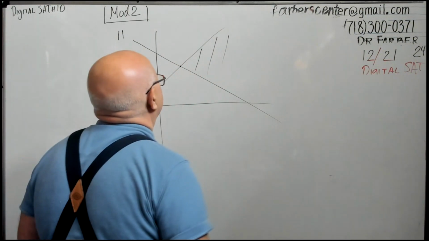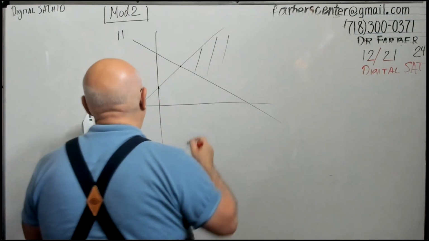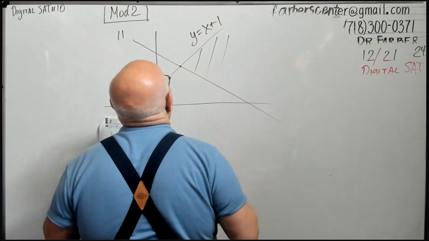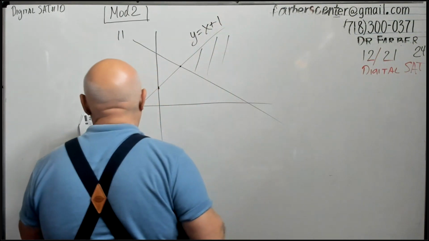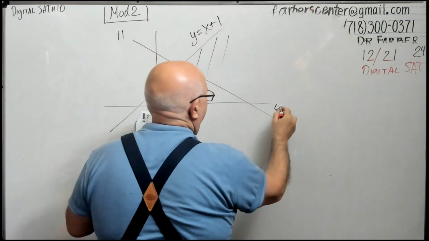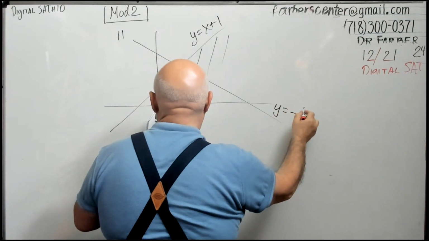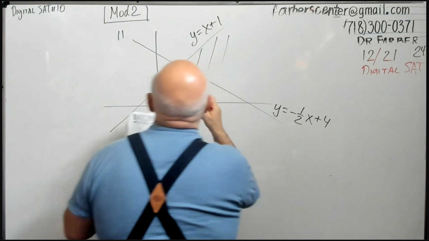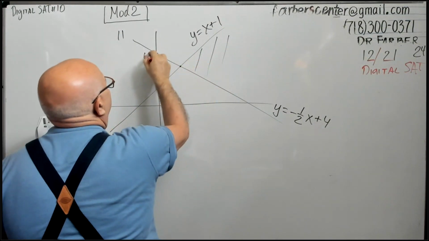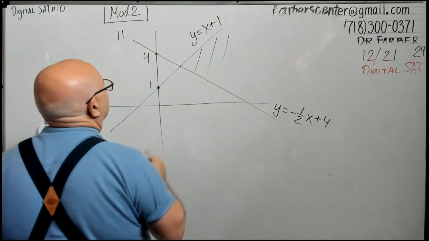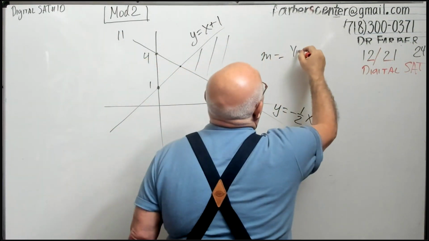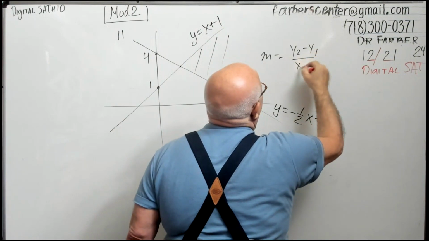I did this, and this graph is y = x + 1. And this graph is y = -1/2 x + 4. How do I know? This is 4, the y-intercept, this is 1. And the slope I found like (y2 - y1)/(x2 - x1).